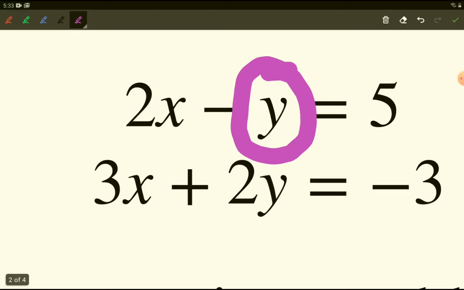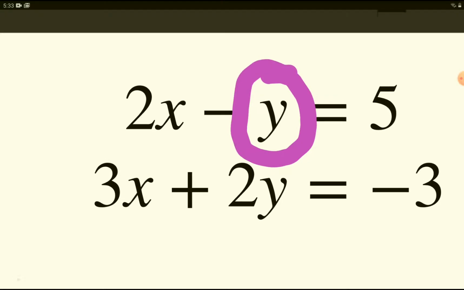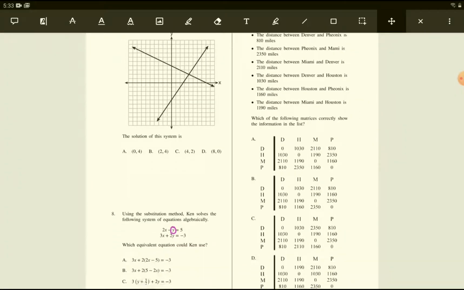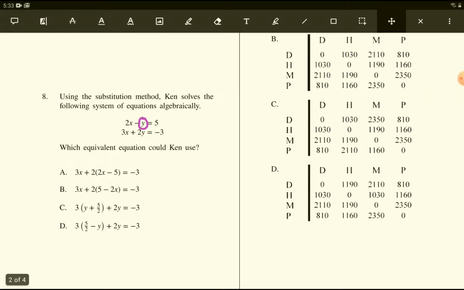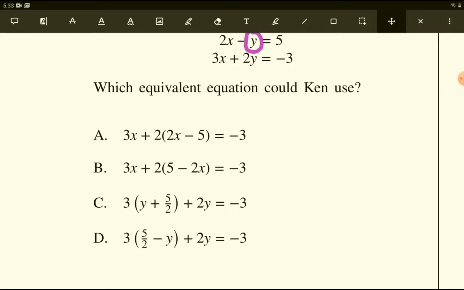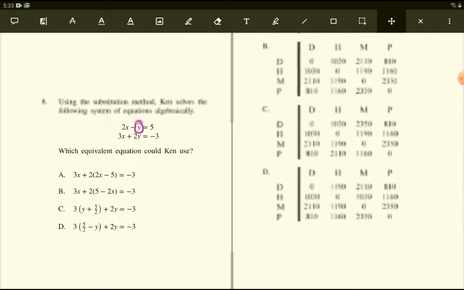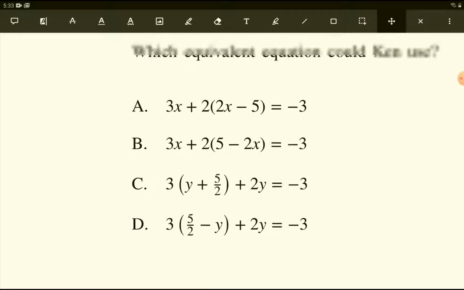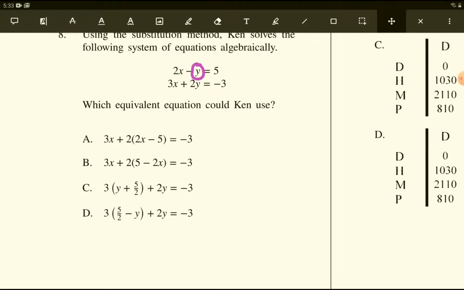Isolating this y. It's going to be a little challenging, but you can do it. And then after you isolate y, you plug whatever y actually turns out to be into the other equation, and it's just asking you to set it up. Okay? You can eliminate two answer choices really easily just by looking at it. You know, like where y is supposed to go.